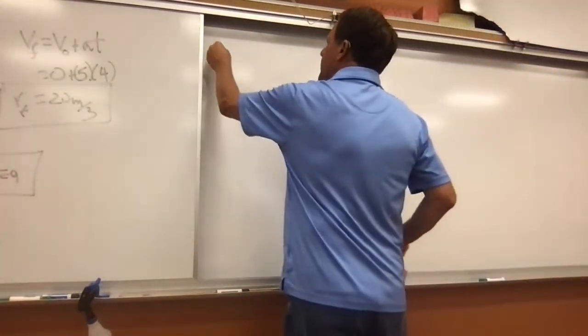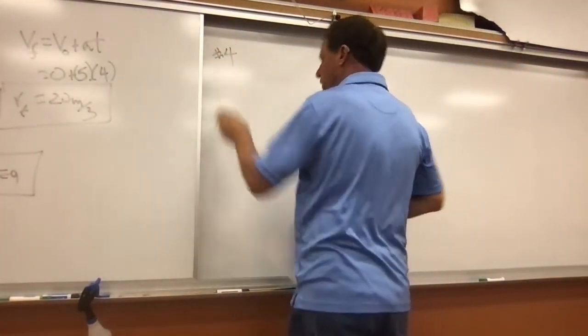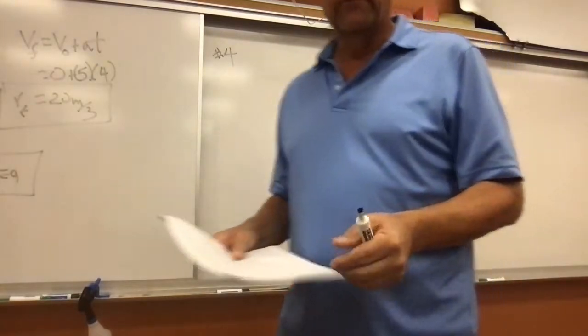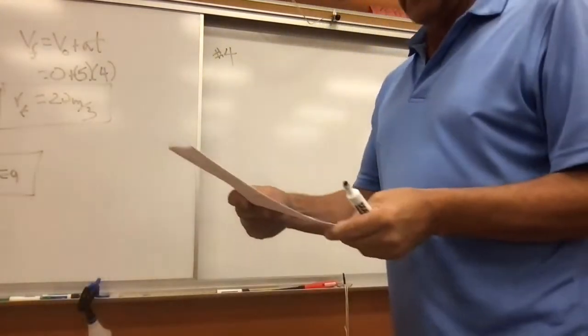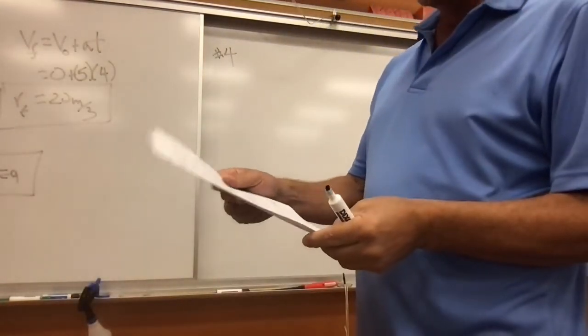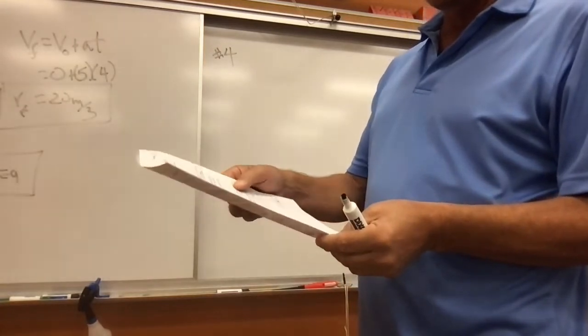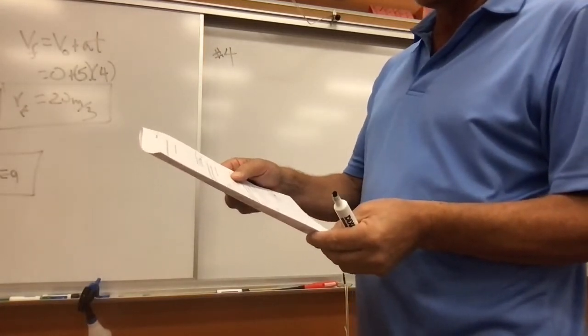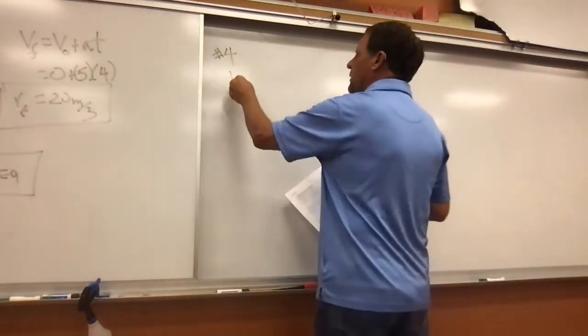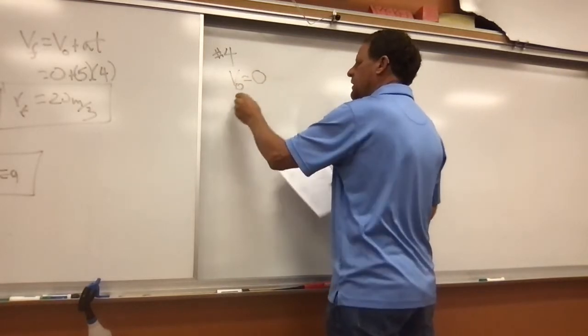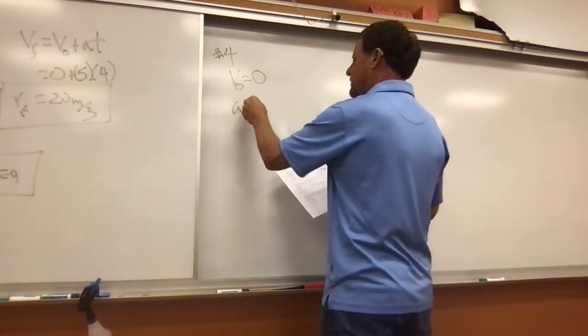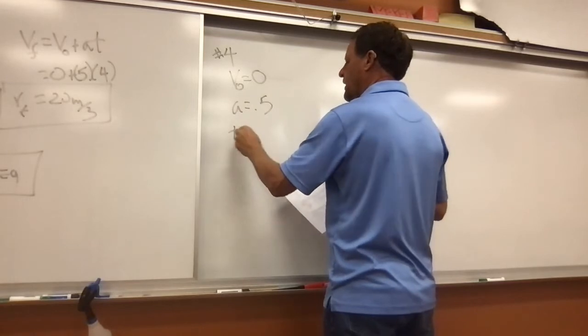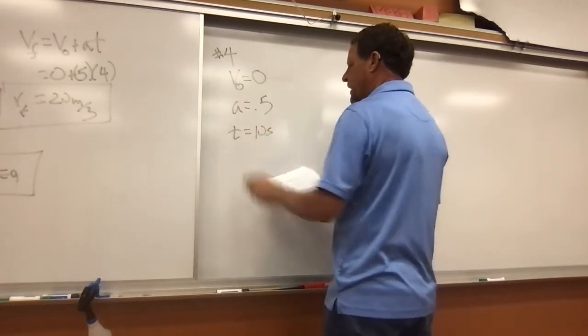Okay, you guys, if we go on to problem number 4, we've got a hand-built cart, starts from rest, accelerates downward at 0.5. It takes the cart 10 seconds to reach the bottom. So again, we have an original velocity of 0. We're going to have an acceleration of 0.5, and we're going to have a time of 10 seconds.